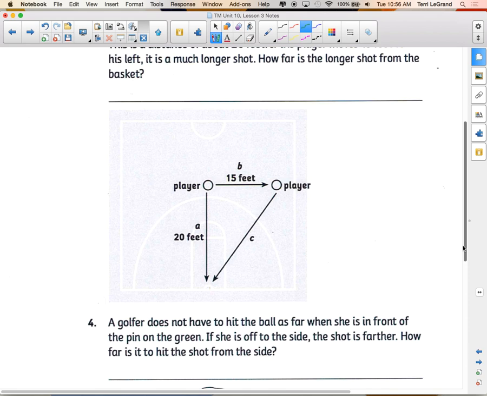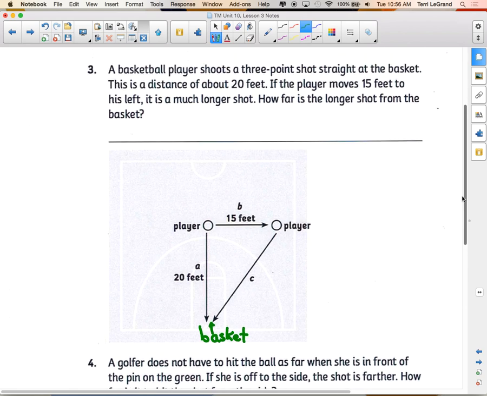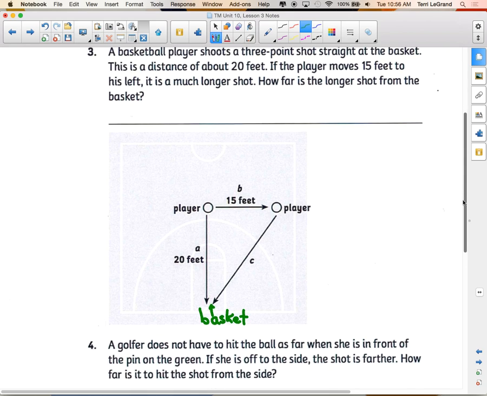Straight. So the players are standing right here. This must be where the basket is, right? Let's write that right here in our picture. Basket. So the basket's right here. So the player is straight on from there, and that's a 20-foot shot if they make it from there.